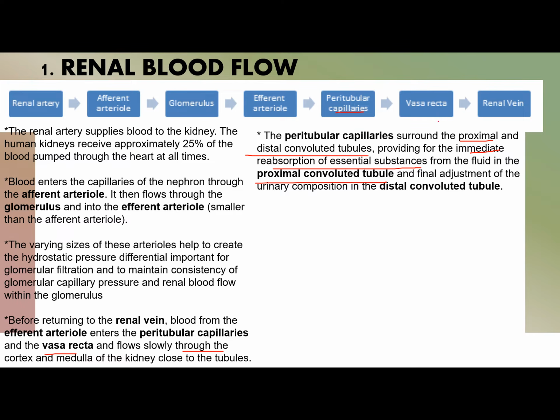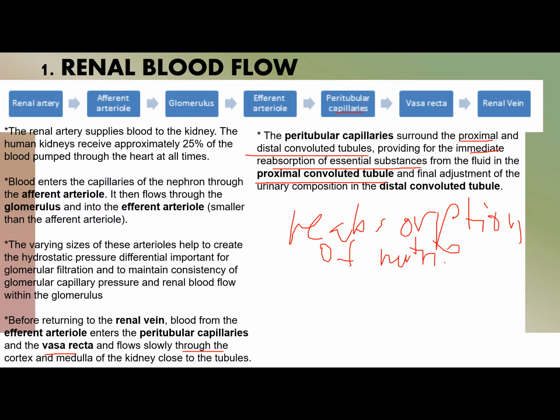So from the peritubular capillaries, pag nandun na yung blood sa peritubular capillaries nyo, what happens is that there would be reabsorption of nutrients. What happens is that merong tubule dyan class, dalawang tubule, the PCT and the DCT.